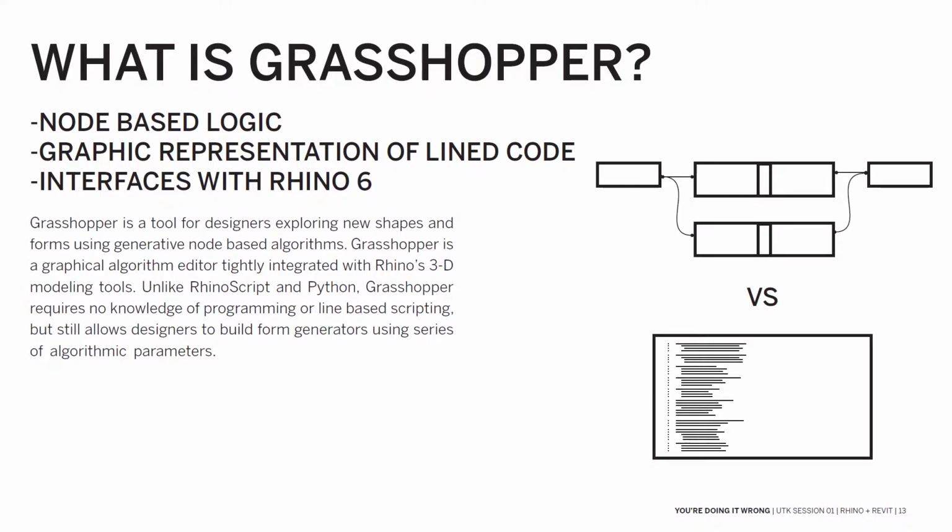What is Grasshopper? So Grasshopper is a parametric modeling tool that uses node-based logic. So typical coding looks like this, right? Lines of code that you're typing that run a series of commands. Well, Grasshopper uses nodes. So it basically compresses this code into a node, which is much easier for designers to jump into and get the power of scripting without having to learn that you need to use a bracket here, you need to put a semicolon here, you need to make sure you spell that correctly or it breaks.